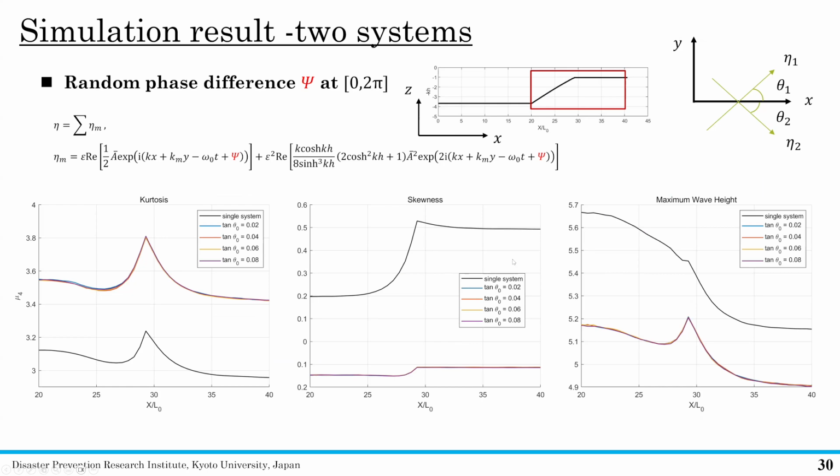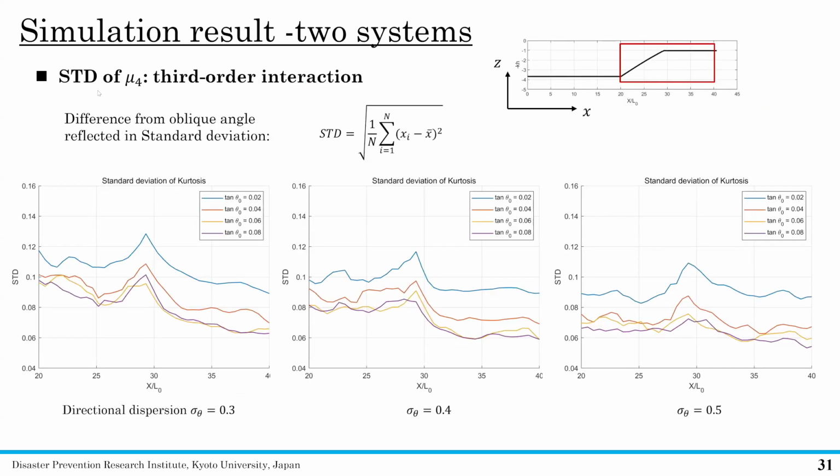Then I compared their statistical parameters, and I found that for the standard deviation, from different sigma theta, there is a difference: when sigma theta becomes larger, the standard deviation becomes smaller. So the conclusion now is that the oblique angle does have a contribution that changes the extreme case, but it is too small, so in most cases it can be neglected.